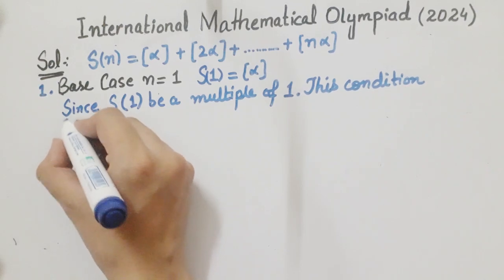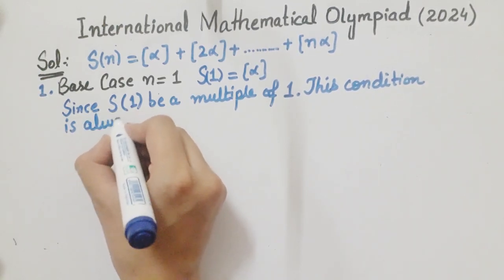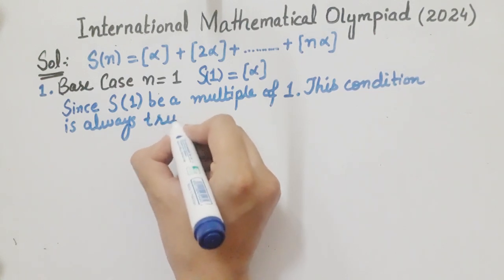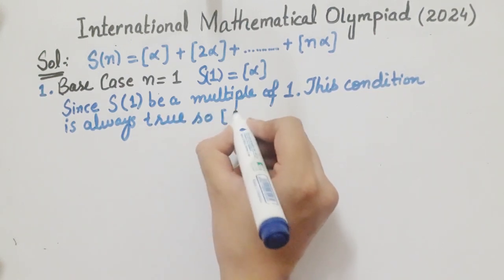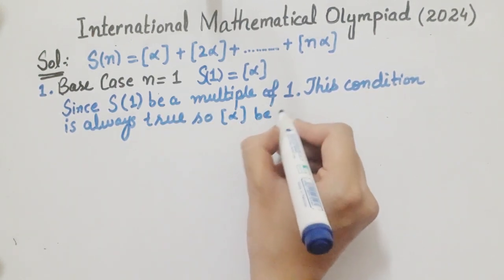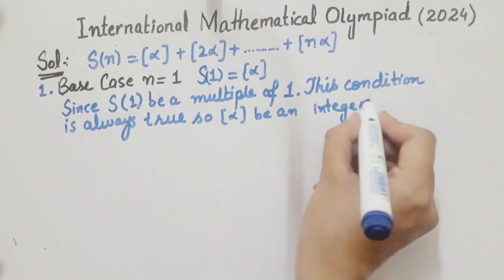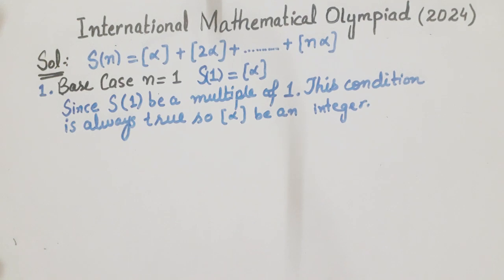So alpha must be an integer. So this is the first base case, that n is equal to 1.